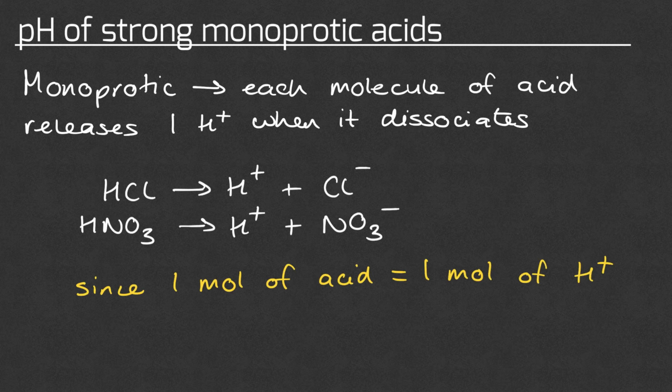This therefore means that 1 mole of the acid will produce 1 mole of H plus ions. So therefore we can say the concentration of H plus is equal to the concentration of HA, the concentration of the acid.